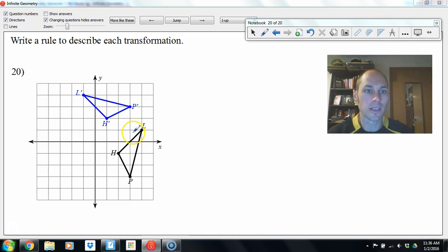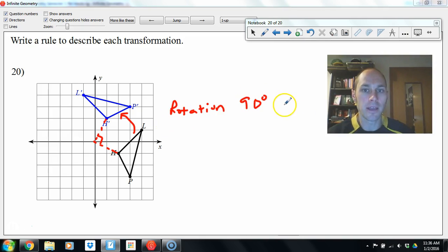Here we see that the orientation changes. We see now that it's rotating. And if I connect the points, I see that forms a right angle. So we can say it rotates, and we can describe this in 2 different ways. We can say it's a 90-degree rotation, and that would be counterclockwise.